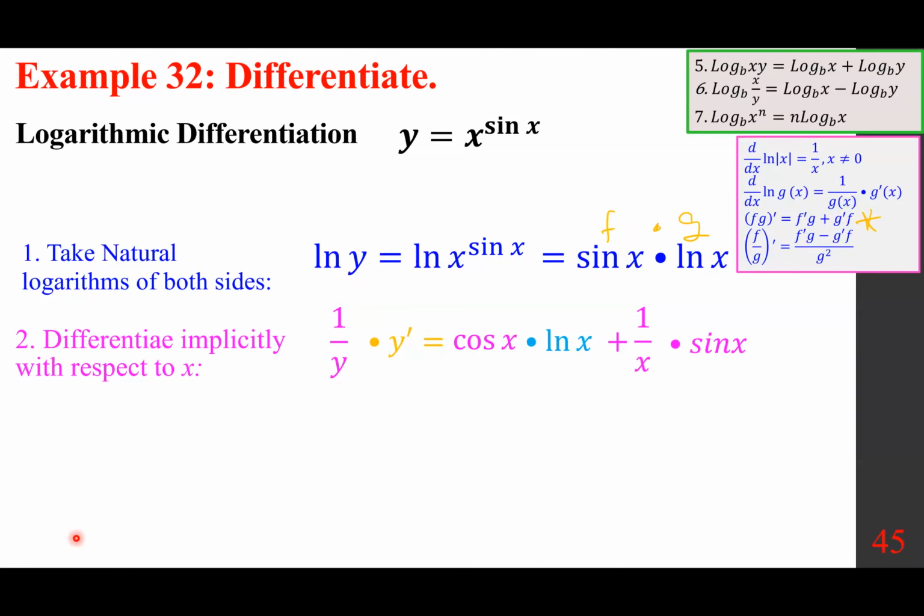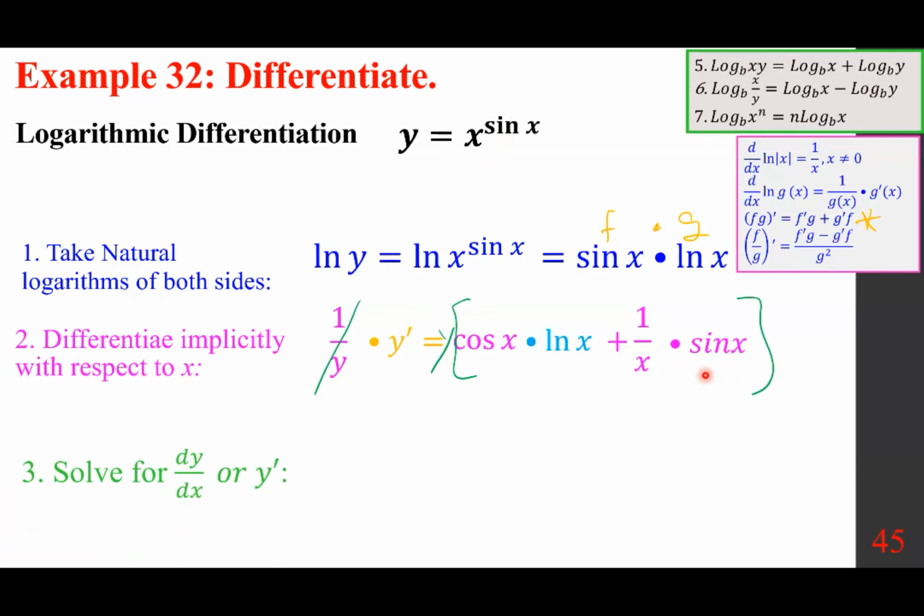So if I multiply it by y, we can get rid of this and say this is being multiplied by y. I'm going to replace the y, everybody, with x to the sine x. This is cosine x ln x, and this is 1 over x times sine x, or you may write it as sine x over x. Either way is fine, everybody.